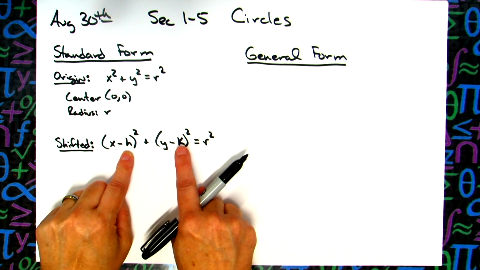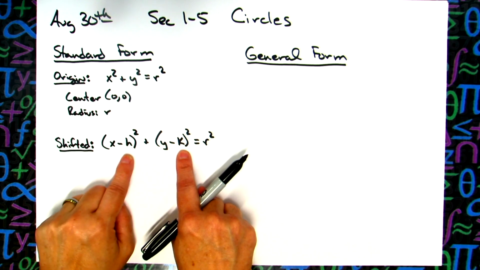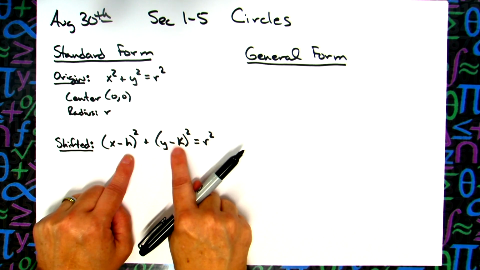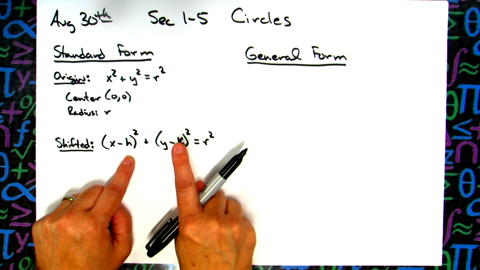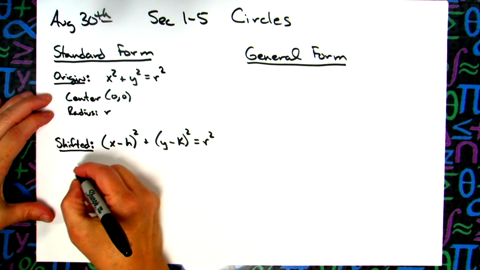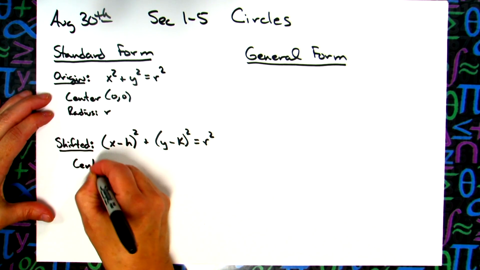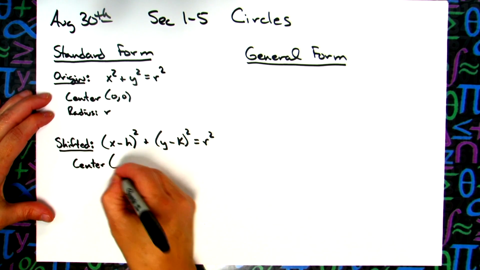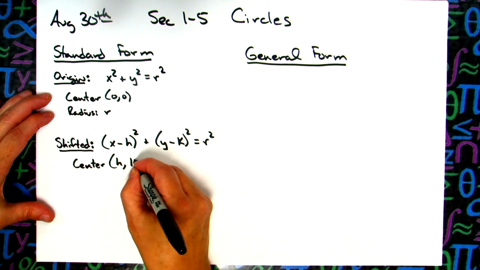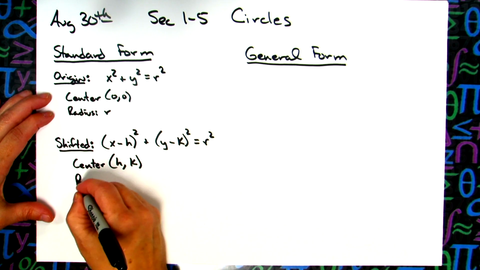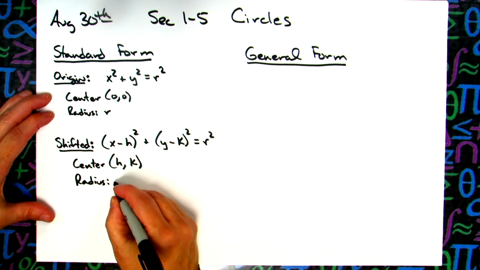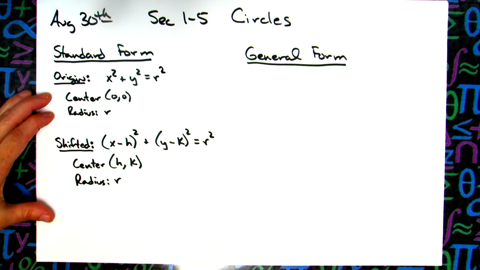The k told us how to shift up or down along the y-axis. So for my center, I pull out the opposite values, (h, k), and the radius doesn't change because we still have that r squared on the end, so it's still an r.